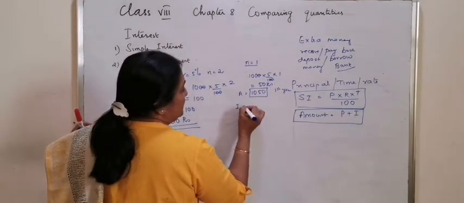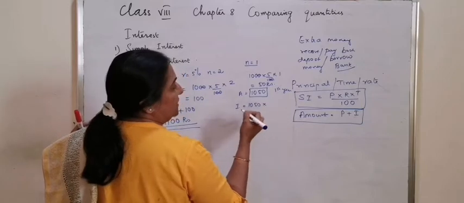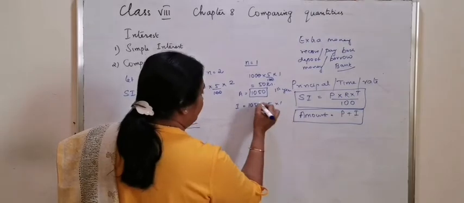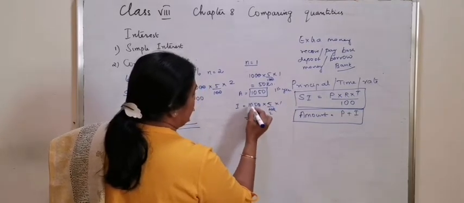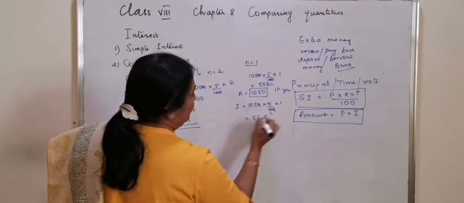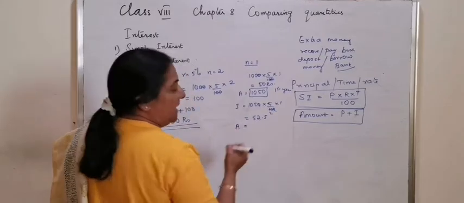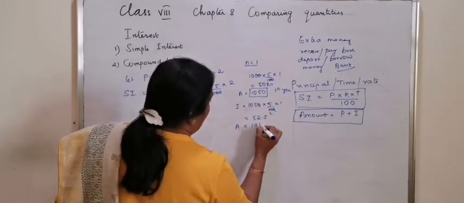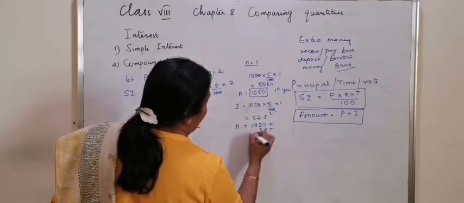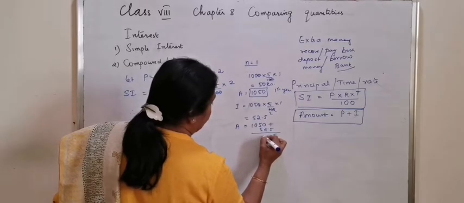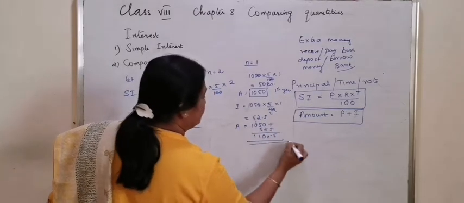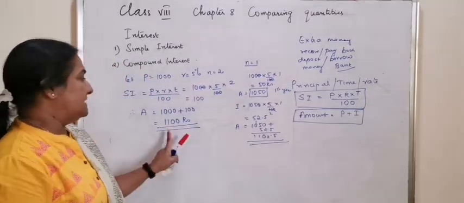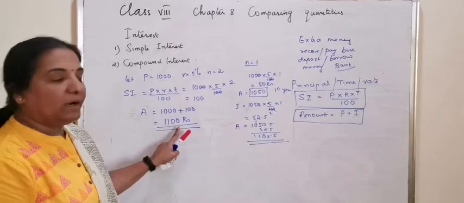So this interest will be 1050 into 5 by 100 into another 1 year. You can see it is 52.5, or the amount you will be receiving at the end is 1050 plus 52.5, that is 1,102.5, whereas in simple interest it is 1,100.